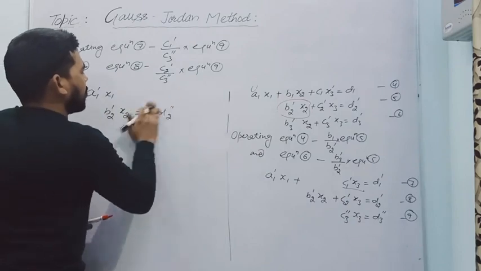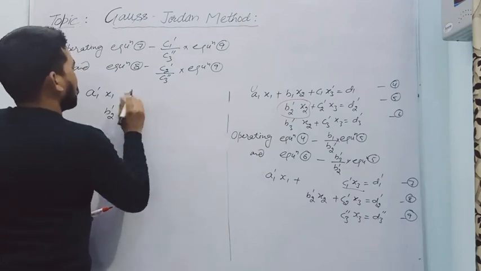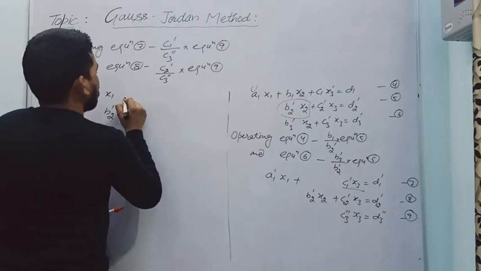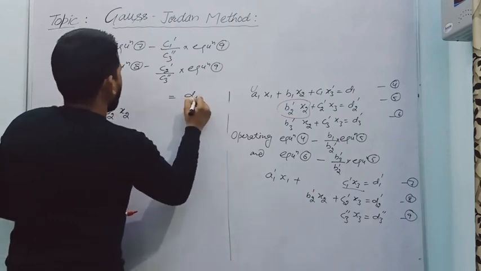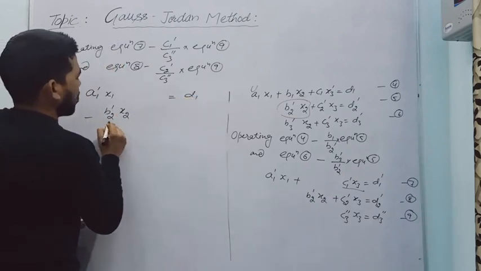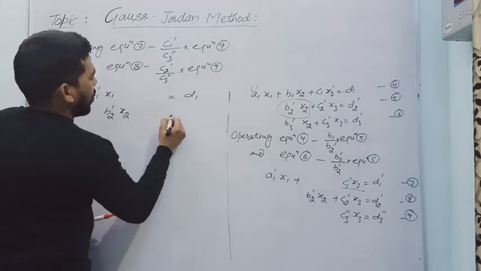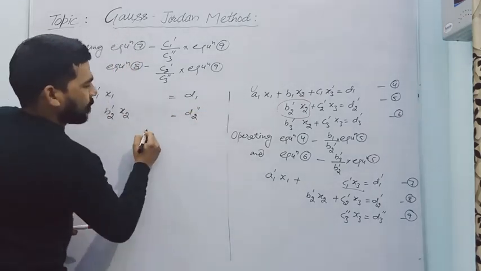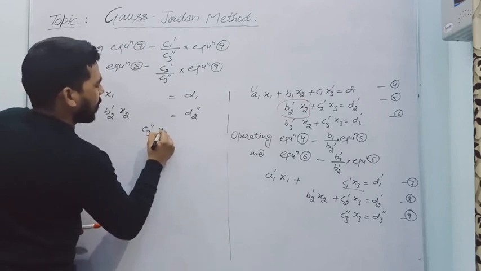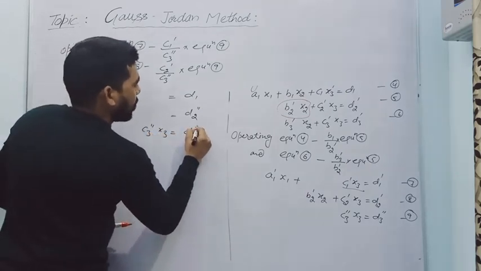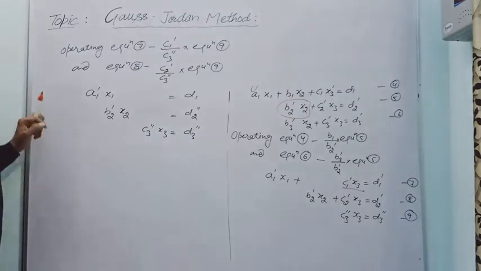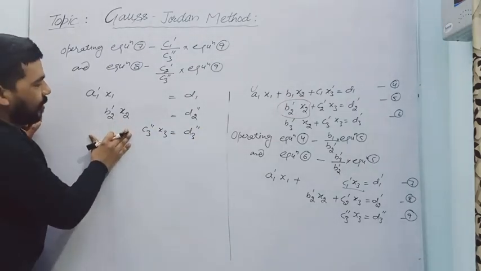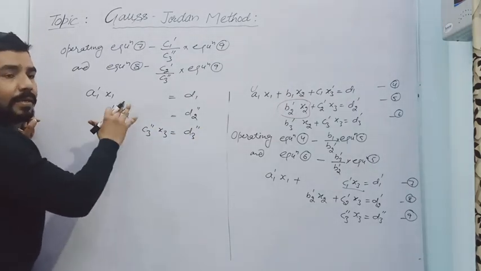Let me write it in such a way that will be comfortable for you to understand. That will be equal to d1 double dash, and the first term is not present, the second is present, and that will be equal to d2 double dash, and the third term is c3 double dash x3, equal to d3 double dash. Now you can check when this system is written in matrix form.